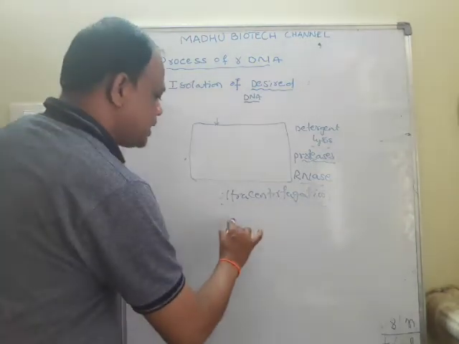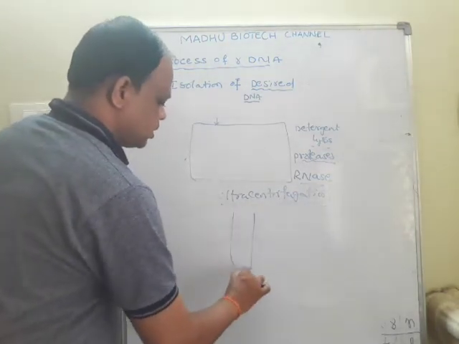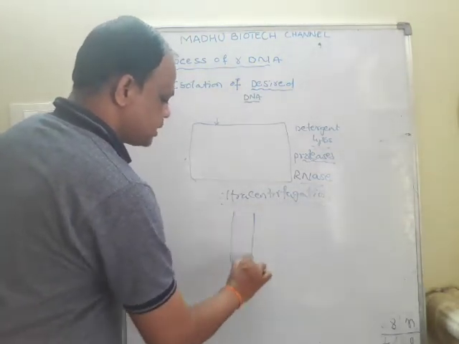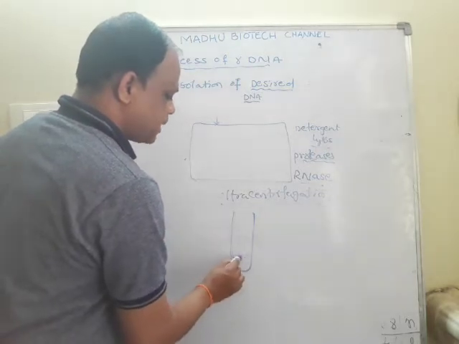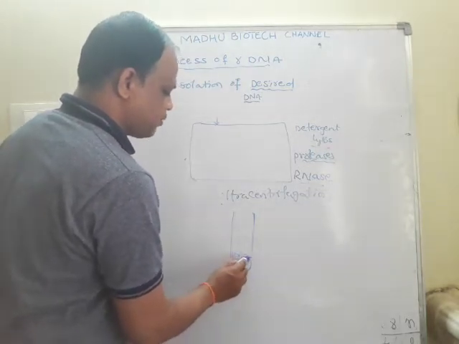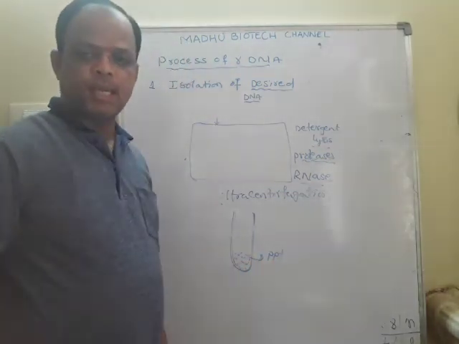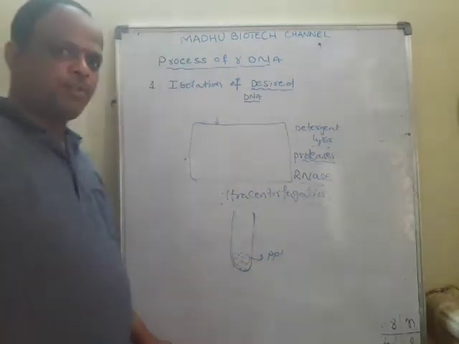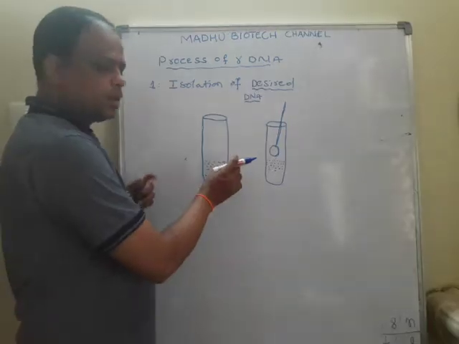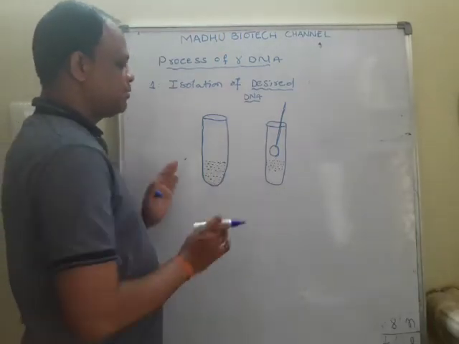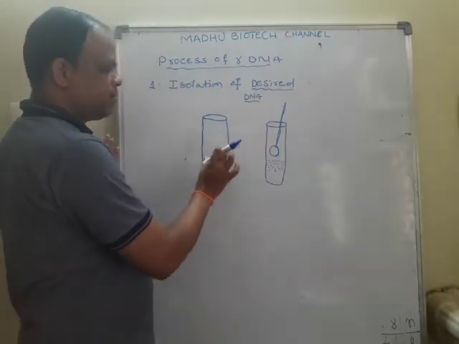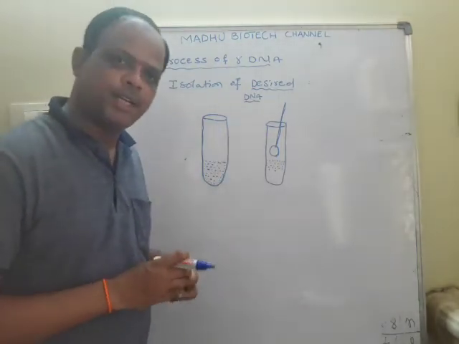Then we add cool chilled ethanol. At that time a precipitate is formed. This is the DNA, the DNA particles that we have found. Okay, we have isolated the pure form of DNA in a test tube by ultracentrifugation gradient.